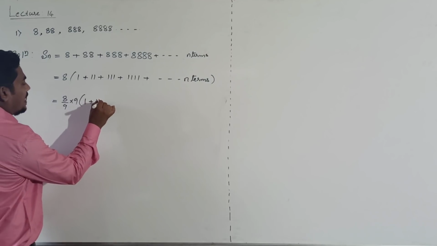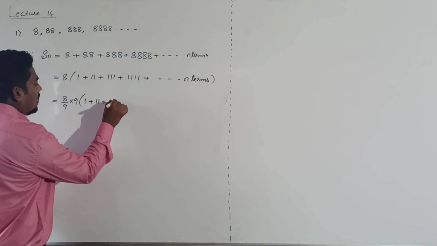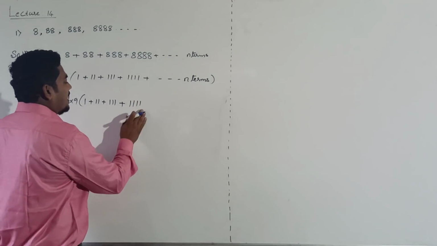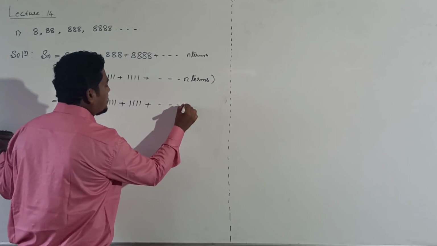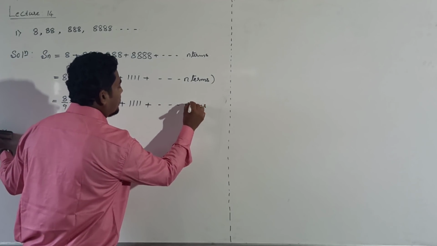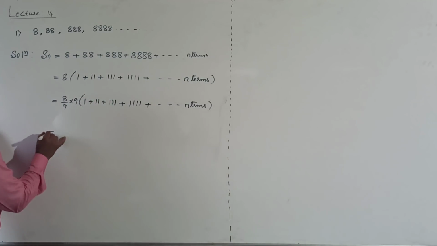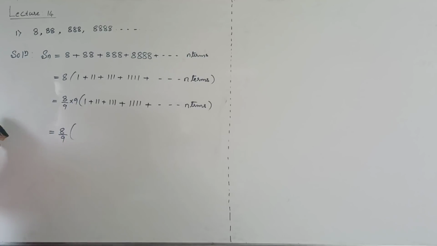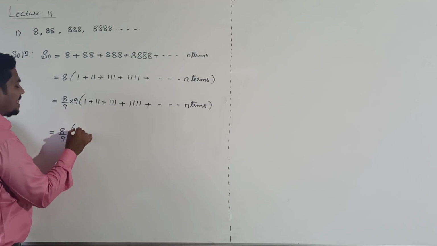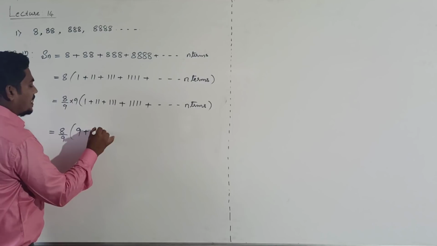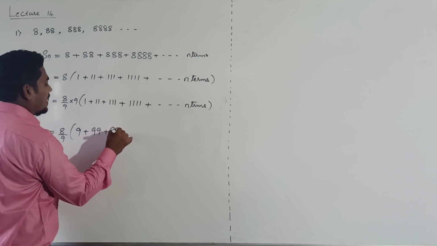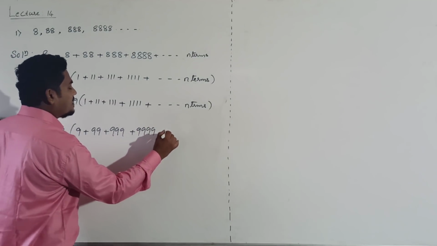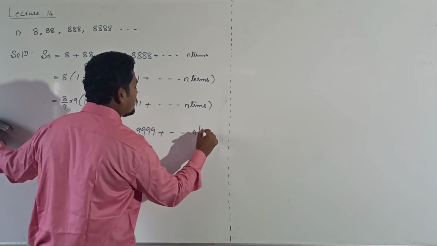1 plus 11 plus 111 plus 1111 plus and so on up to n terms. After that, 8 by 9 remains as it is. Multiplying every term with 9, we get 9 plus 99 plus 999 plus 9999 plus and so on up to n terms.